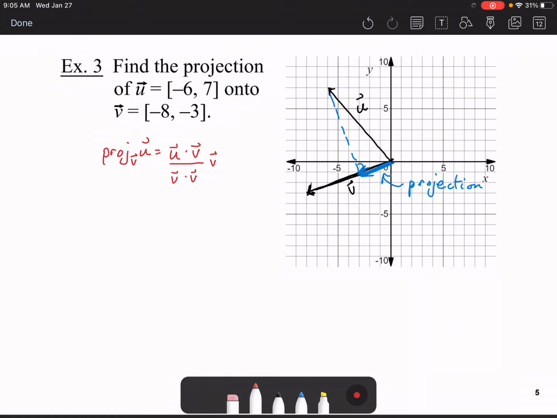So when we work that out, it's going to work out to be a constant. So negative 6, 7, dotted with negative 8, negative 3, all over negative 8, negative 3, dotted with negative 8, negative 3, times the vector negative 8, negative 3.